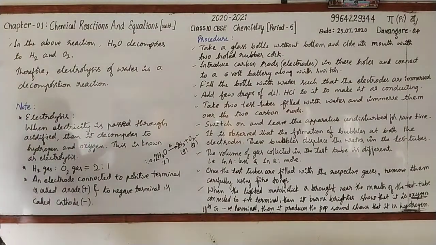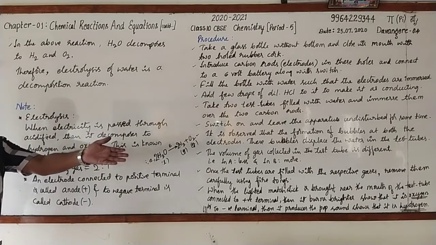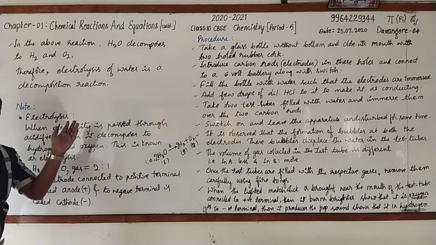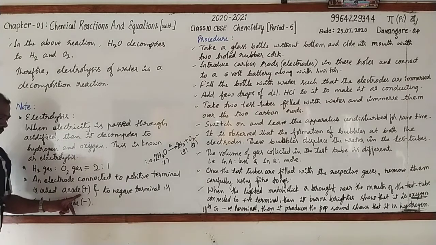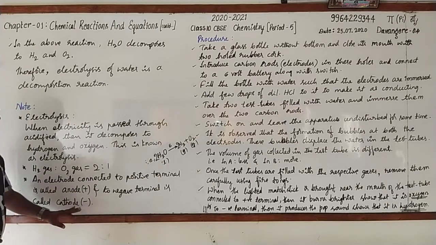Got it? But in the case of ions, positive ions are cations, negative ions are anions. Here it is reverse in the case of electrodes. The electrode connected to the positive terminal is anode and to the negative terminal is cathode.